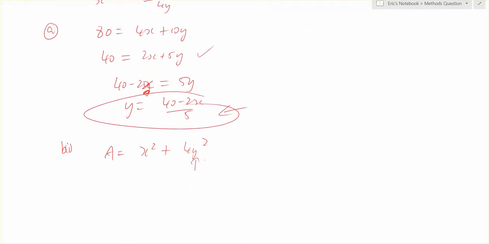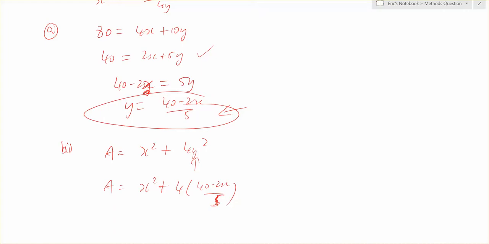We've got a y here, so we get rid of it by subbing in y in terms of x, because that's what we did in the first part. So we go (40 minus 2x) on 5. And we've got an expression of the area in terms of x only, which is what the question asks.